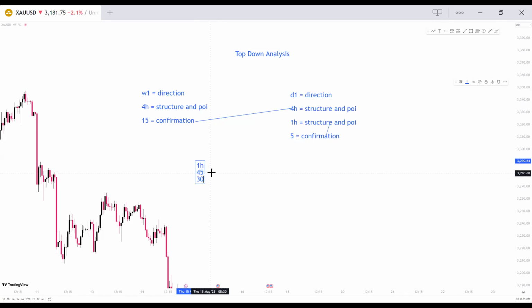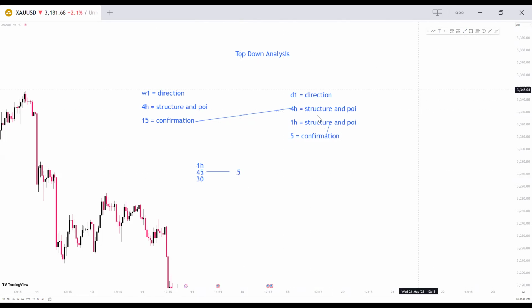Your confirmation should be, you should use 5 minutes for confirmation. That's what you need. You need 5 minutes as confirmation. You don't need to be waiting for 15 minutes to use for confirmation.